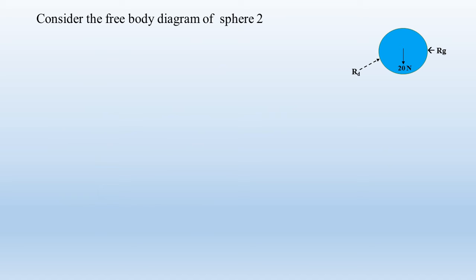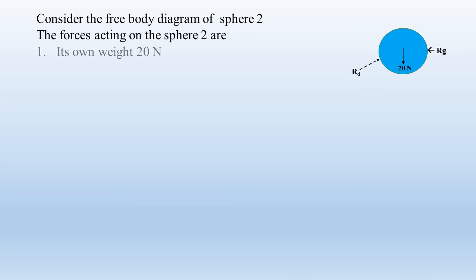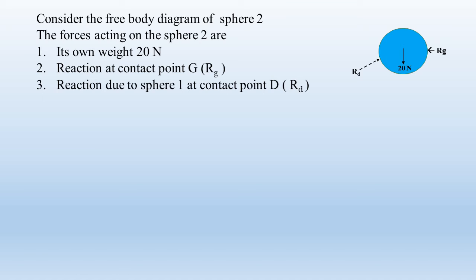Consider the free body diagram of sphere 2. The forces acting on sphere 2 are its own weight 20 newtons, reaction at contact point G, RG, reaction due to sphere 1 at contact point D, RD.